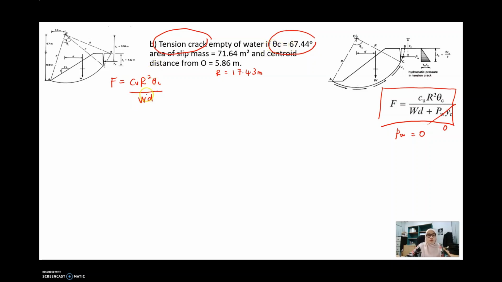Okay, W will be changed because W is equal to A times unit weight. A changes since our theta changes. So this is our area.